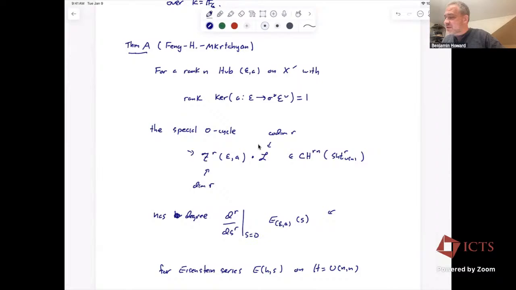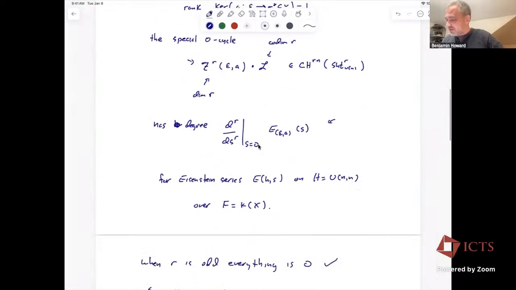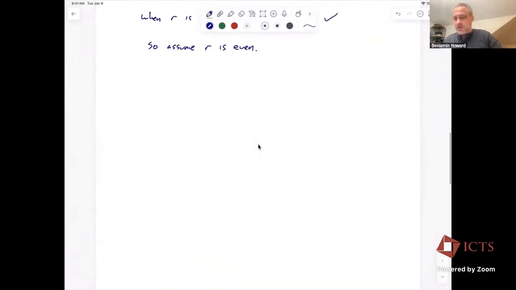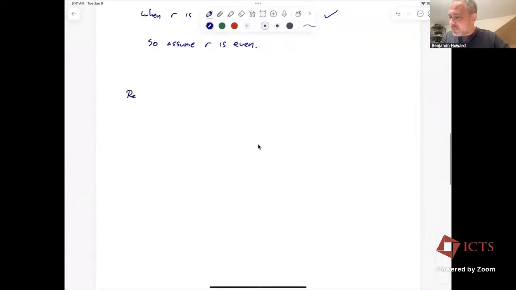And so you can do the same thing with this vector bundle. So we're going to reformulate theorem A as follows.